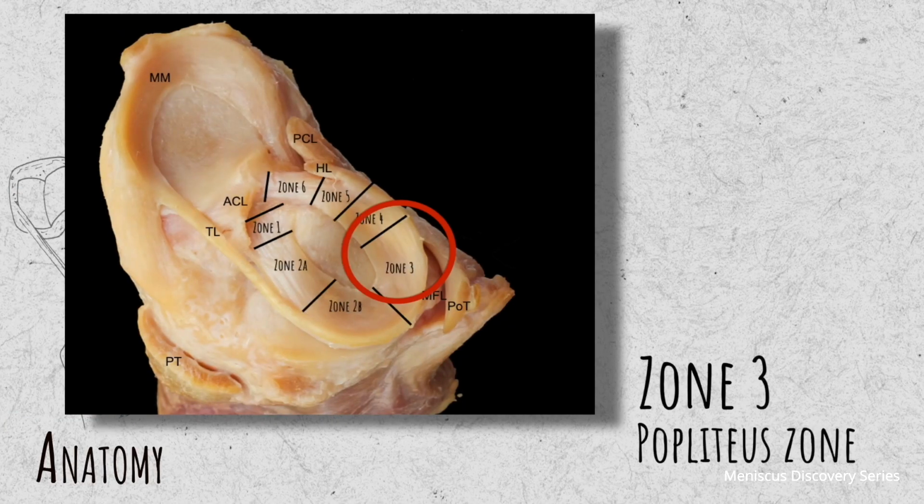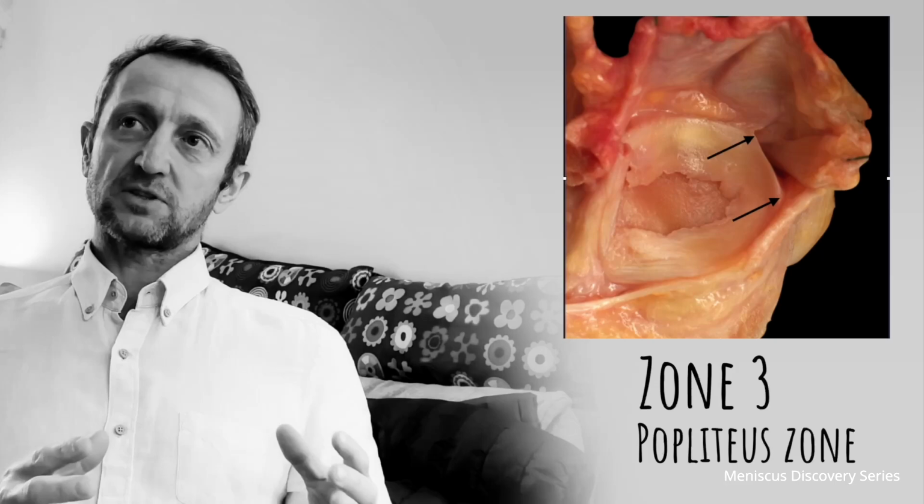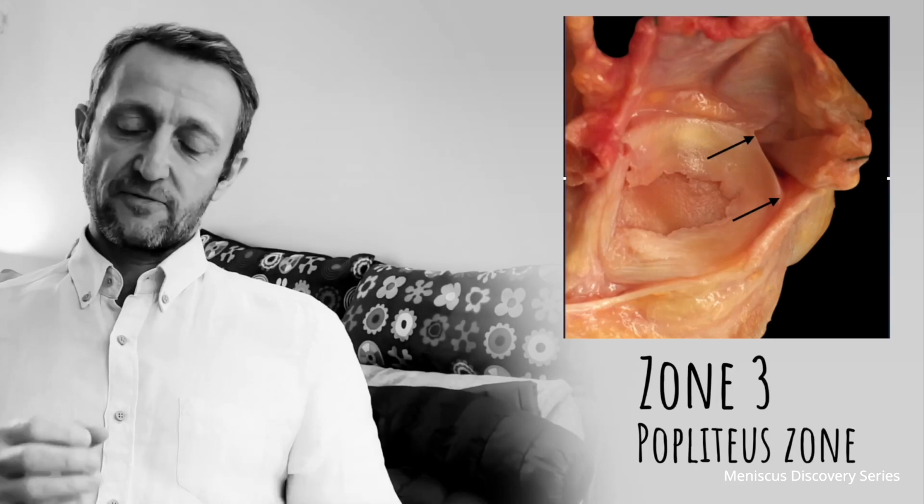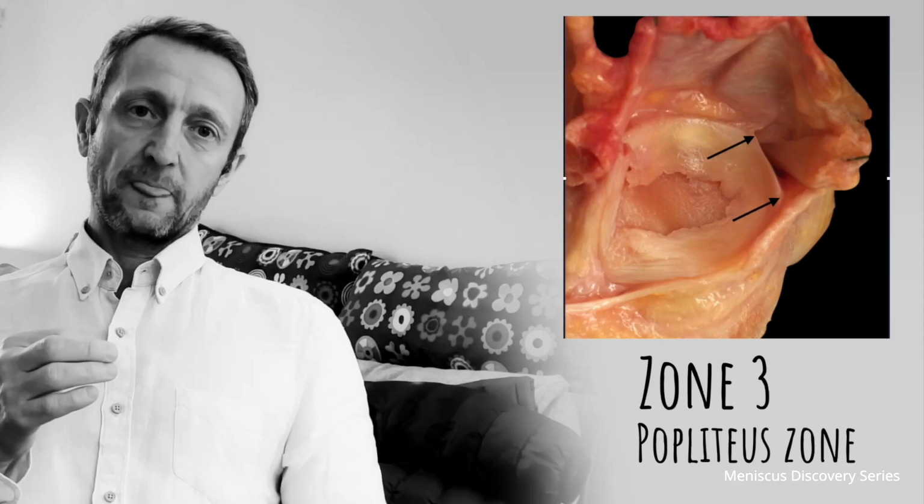And this is quite interesting, because the next step is zone 3. Zone 3 is very interesting from the anatomical and the biomechanical point of view, because it is the part of the meniscus which is not attached to the capsule anymore. It's a free space for the popliteus tendon.